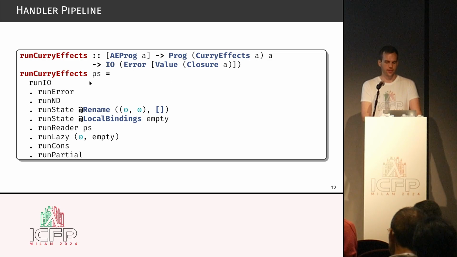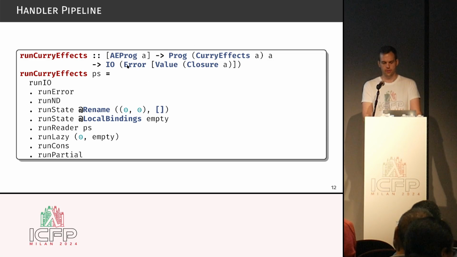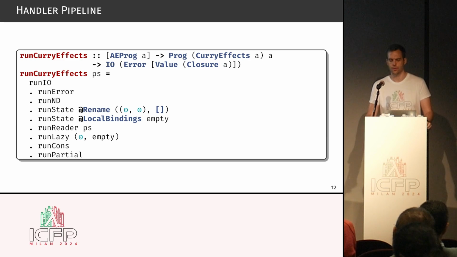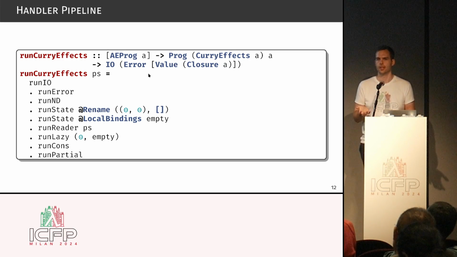So this order of effect handlers here, I chose due to how I want the semantics to be. For example, I want either an error or a list of results, basically. You could also switch the order. Then you could have a list of errors, for example. So all of those things interact in some way.